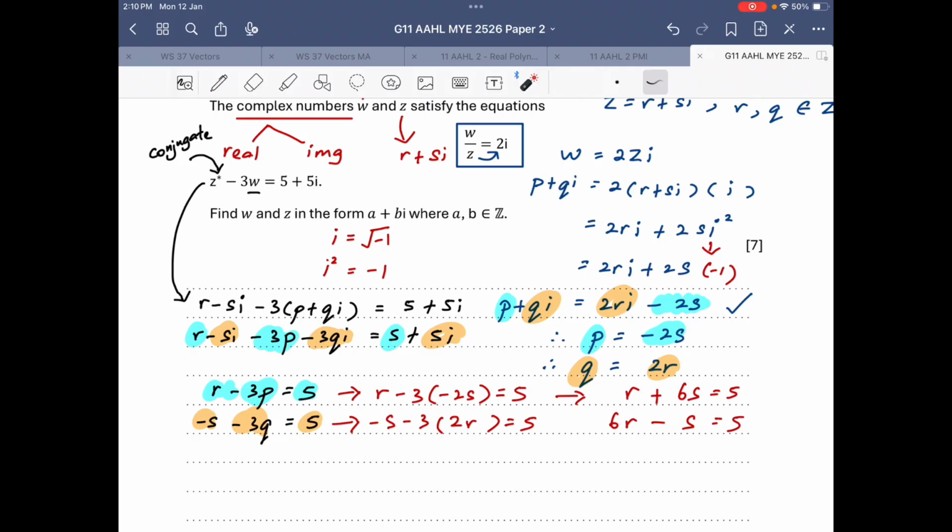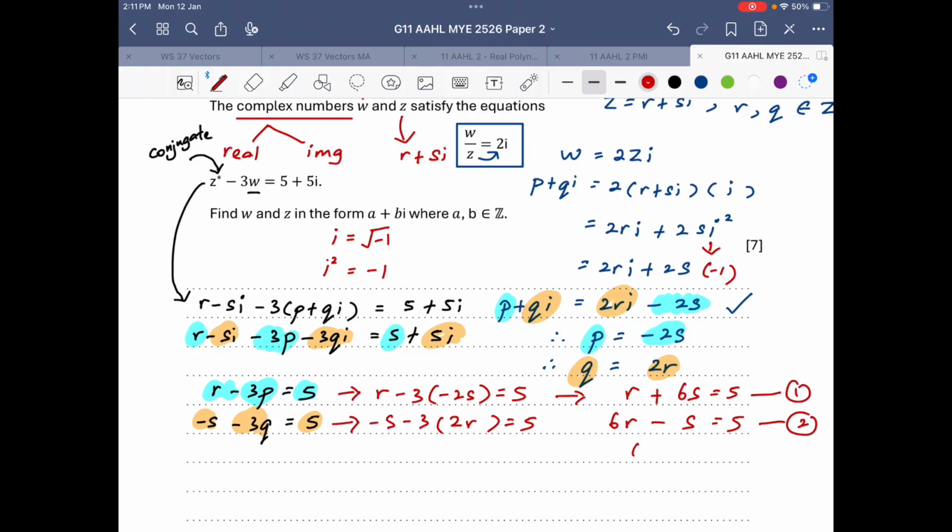Now we have two linear equations with two variables. You solve simultaneous linear equations, I'm sure you know how to do that, so I won't show the steps anymore. Let's make it quick. This is equation 1, equation 2.